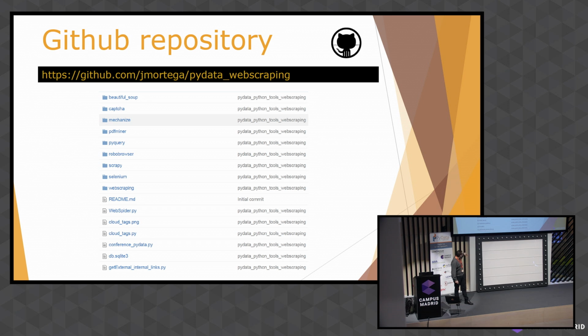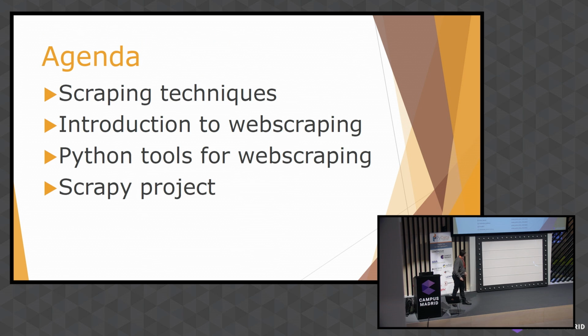The code is organized in folders. For example, we are going to see samples with BeautifulSoup, PyQuery, Scrapy, Selenium, and WebScraping, which are the main tools. There are other samples, but in the talk I will center on some samples.